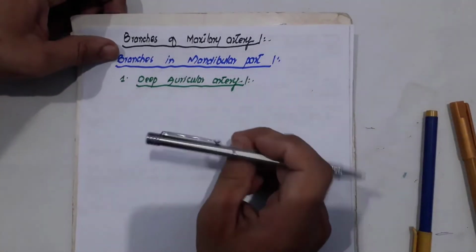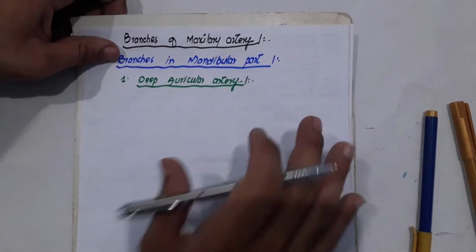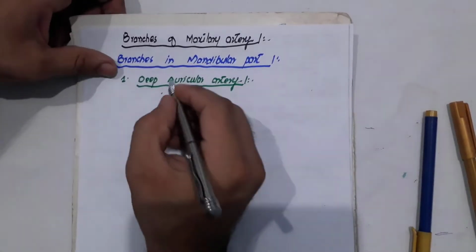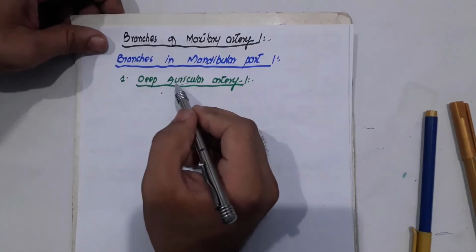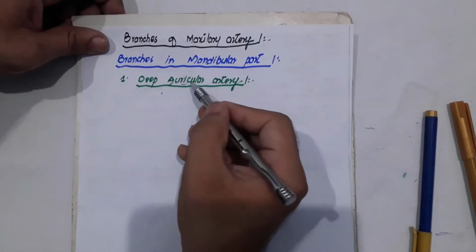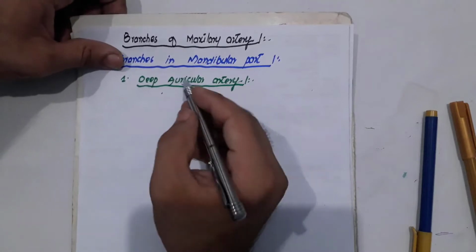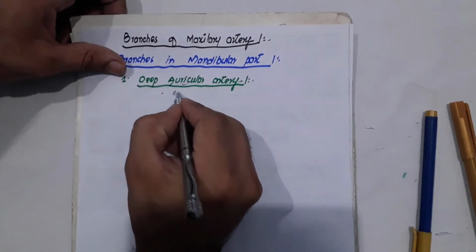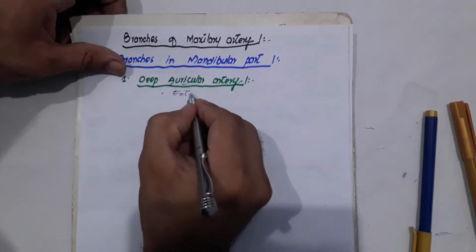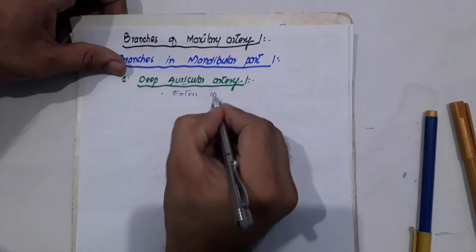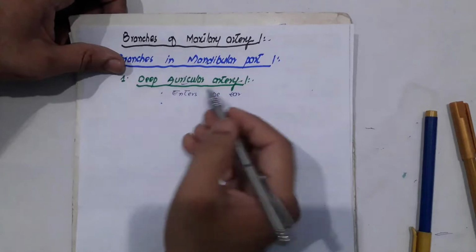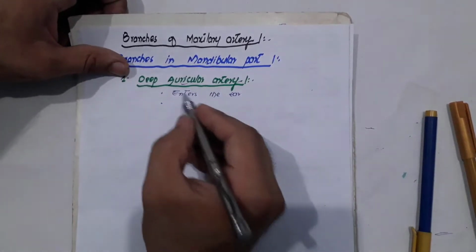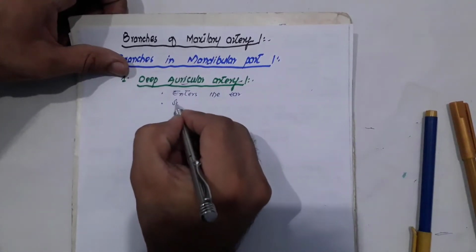You will clearly learn about all the branches, their location and their supply. Auricular means it goes towards the auricle, meaning the ear. So this artery enters the ear, and when it enters the ear, it supplies blood to the external acoustic meatus.